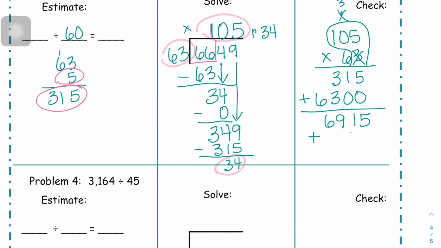And if I add 34, I'm hoping I'm going to get the dividend I started with. Now what'd I do? Oops, I multiplied. It's because I'm in a big hurry. All right, there you go. And I've got my 3 numbers.